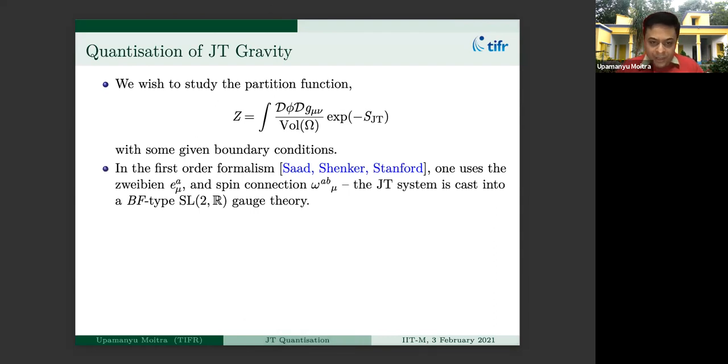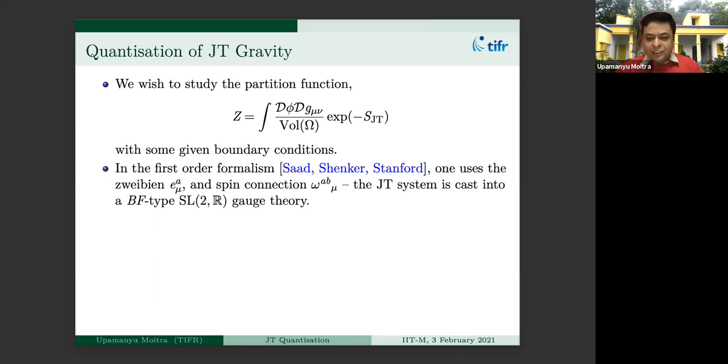So the work has already been done in the first order formalism. In a very nice paper by Saad, Shenker, and Stanford in 2019, they quantized this system not using directly the metric, but the Zweibein and the spin connection.